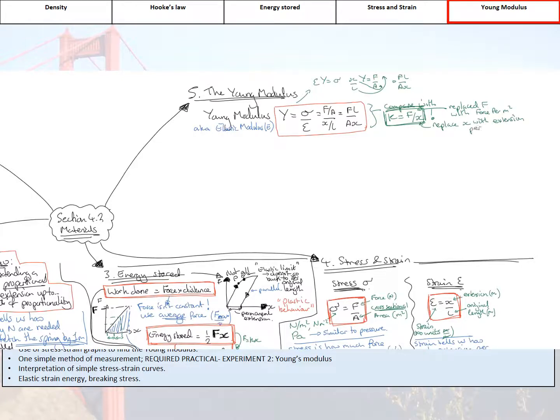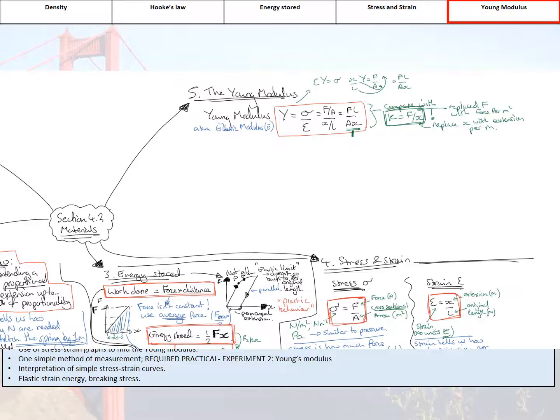So we end up with a value, this Young's modulus value, that doesn't actually depend on area and original length, which looks contradictory because it looks like it does in the equation. But remember that we scale up the force with the area.